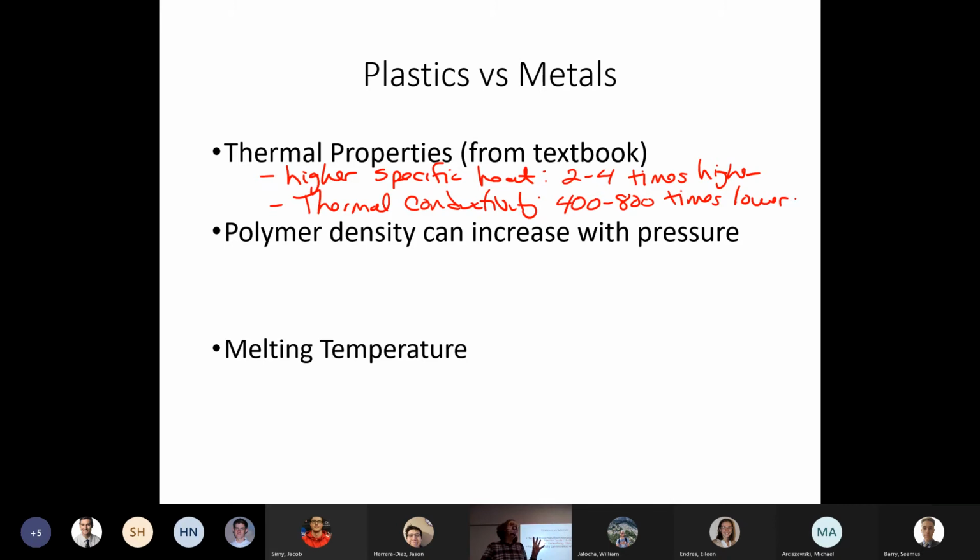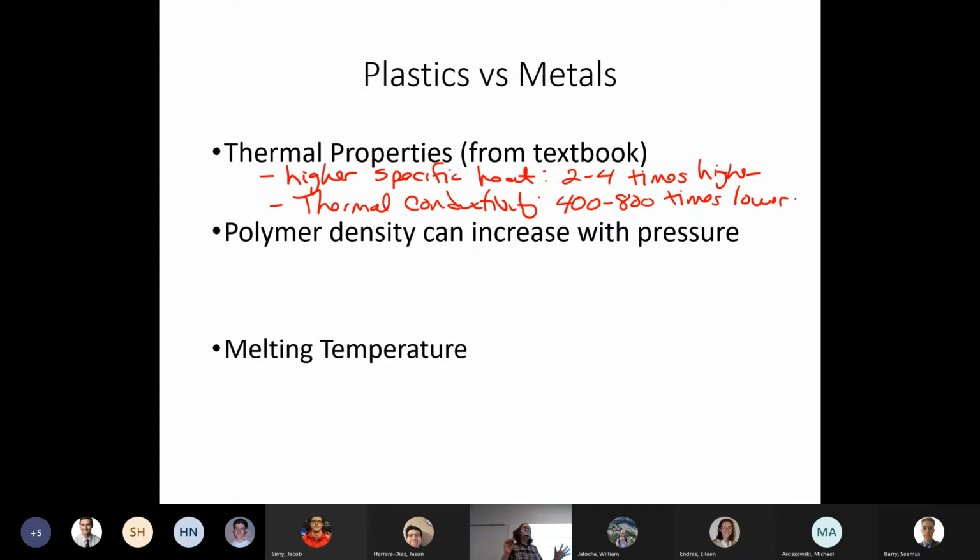We do see that because plastics are not good thermal conductors, a thicker plastic is going to take longer to cool than a metal going through that same temperature difference and thickness.